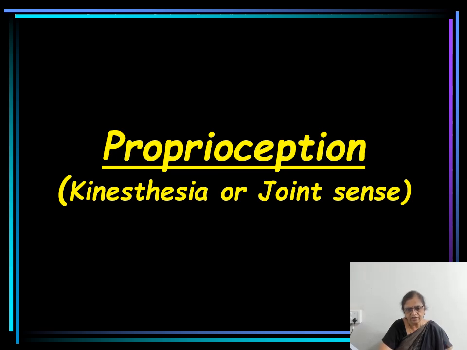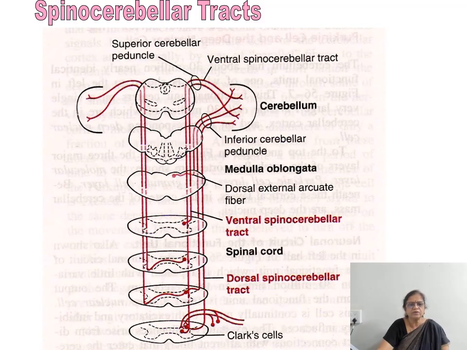Every time, whether they are in a flexor position, how much length, how much force, how much strength they are flexing and extending, giving a comfortable position for our body. This is about proprioception.